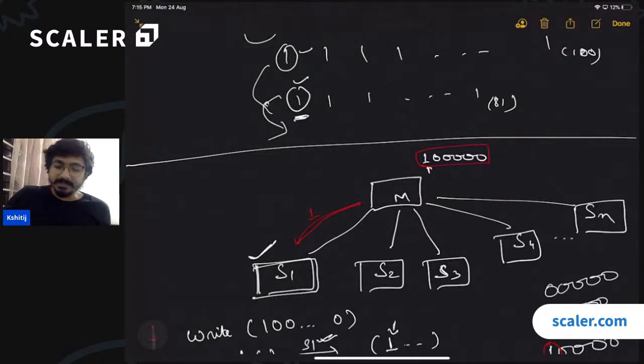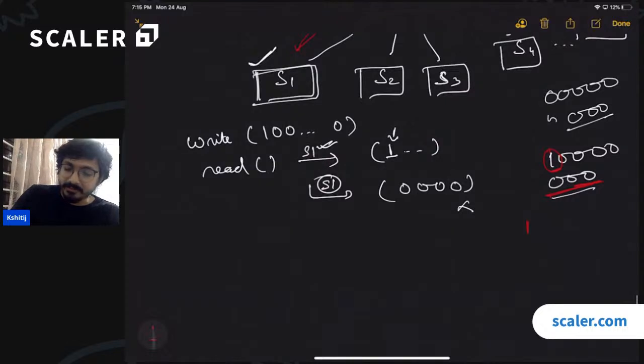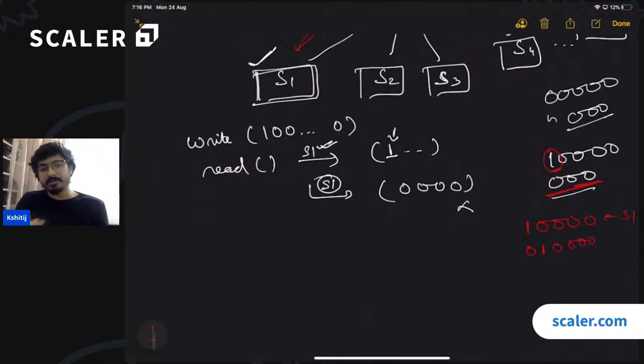Okay. Similarly, if you send another string of the same kind, so this is just to check whether S1 is faulty or not. Similarly, to check S2, you can set the second bit and keep all the remaining bits as unset, and then this will check whether S2 is faulty or not, because in the output that you are getting, if there is no bit which is set, then you are sure that S2 is faulty, because the only set bit was sent to S2, and if it is not getting returned, then S2 definitely is faulty, right?